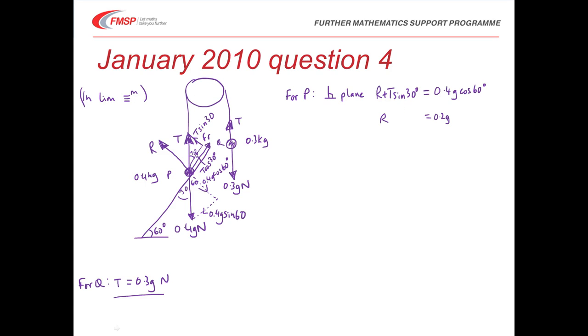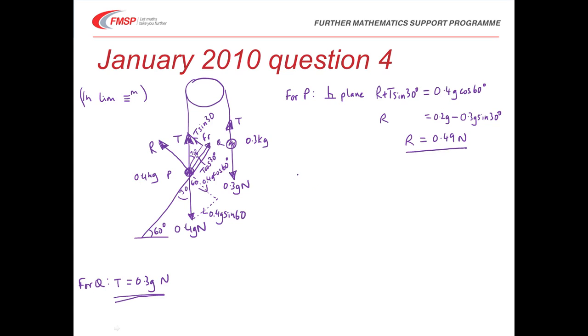But I do know T. T, we found, is 0.3g. So all of that can be calculated, and sin 30 is also a half, so rather conveniently we get an exact value for the reaction here of 0.49 newtons, exactly.